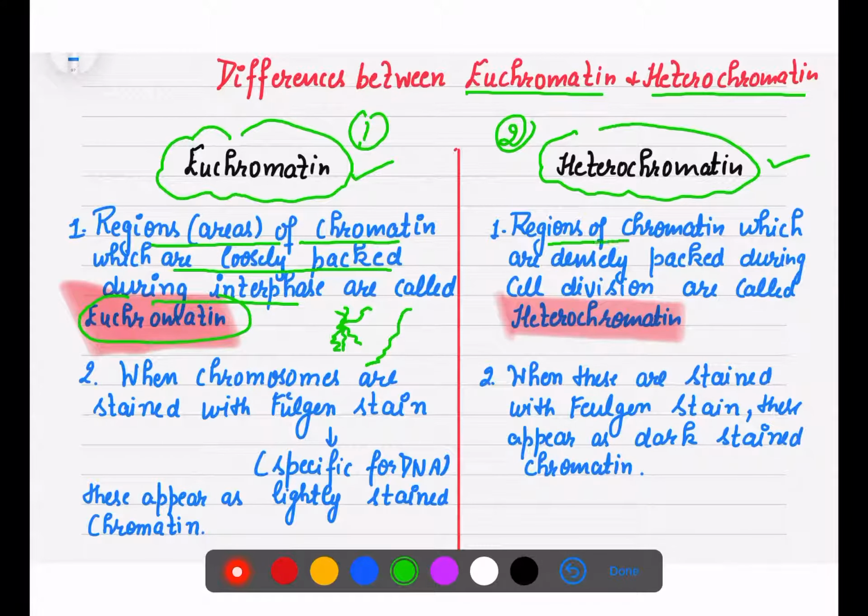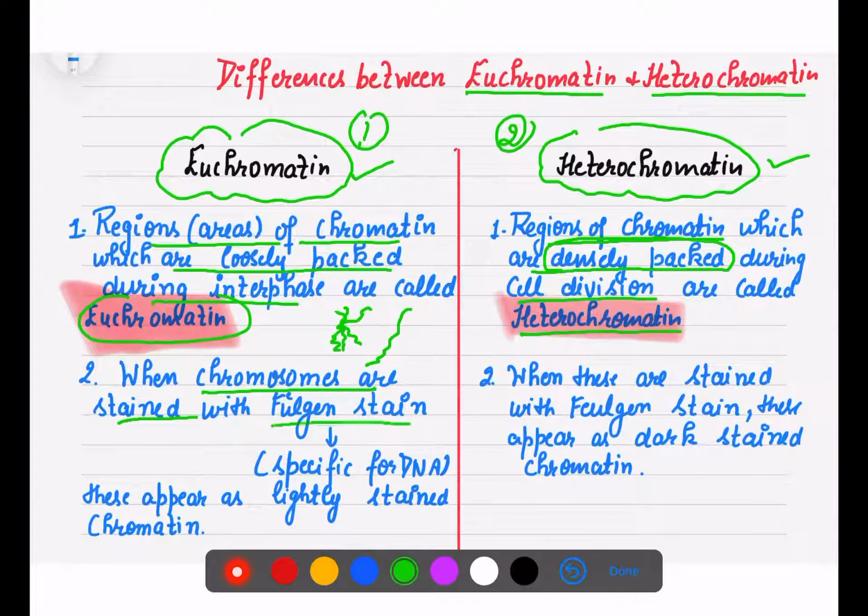But heterochromatin are those areas of chromatin which are densely packed, completely packed during cell division. Now the second difference is when chromosomes are stained with Feulgen stain.